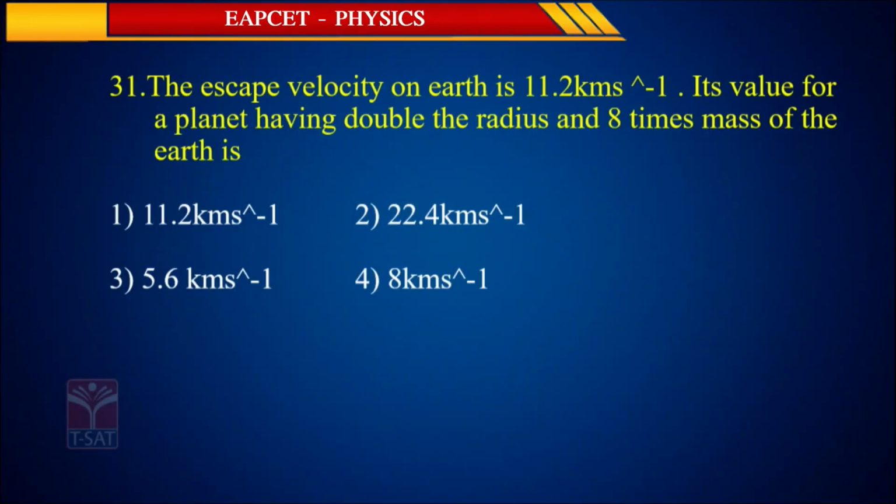The escape velocity on earth is 11.2 kilometer per second. Its value at a planet having double the radius and 8 times the mass of the earth is? You know what the escape velocity is.